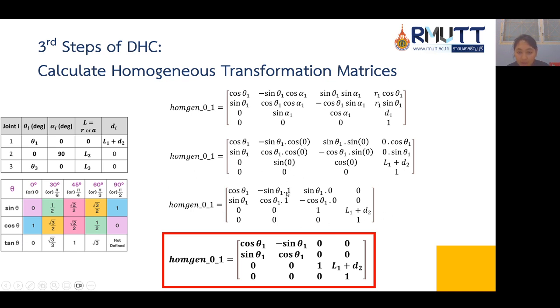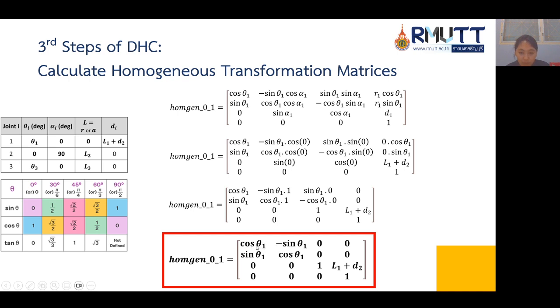After calculating the values, we can see here the final homogeneous transformation matrix for joint 1, or from 0 to 1.